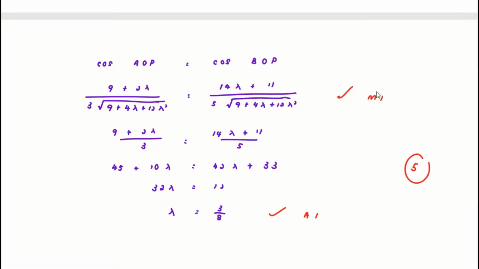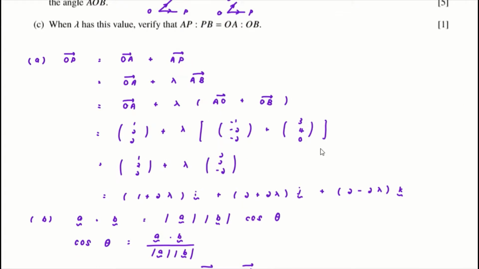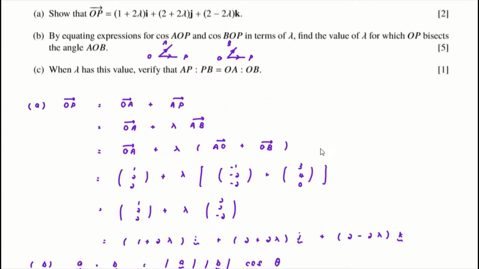Okay, so now let's move on to the next part. When lambda has this value, verify that the ratio of AP to BP is the same ratio as OA to OB.